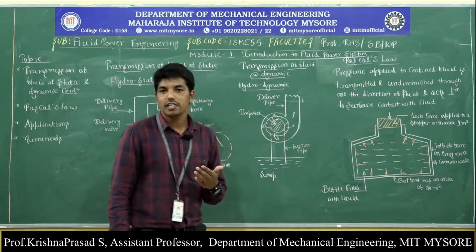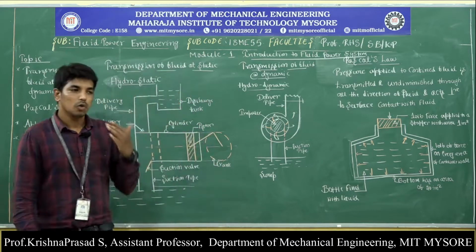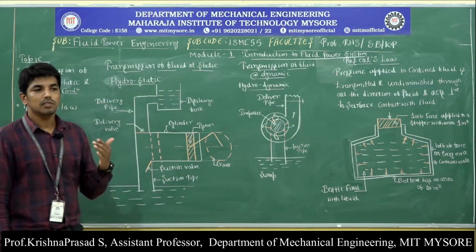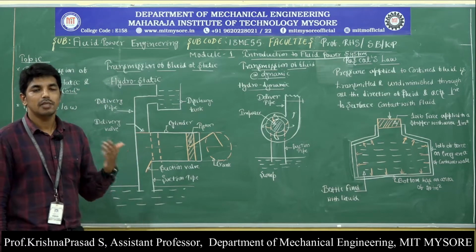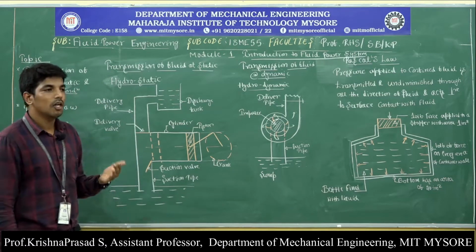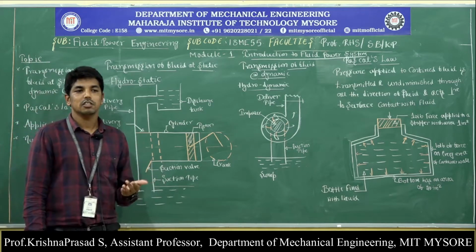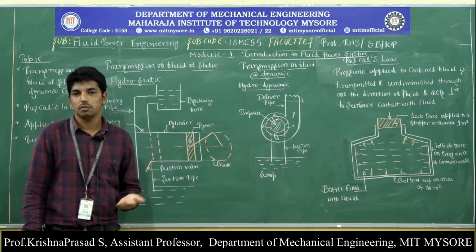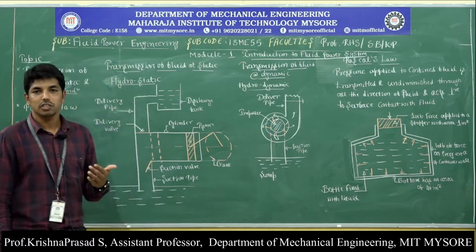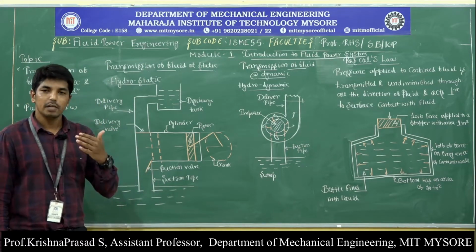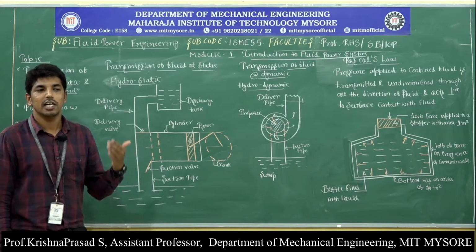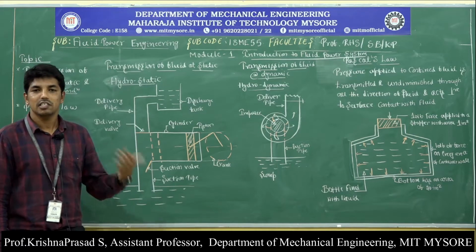In any industry, we all know that the transmission of power from one place to another can be done in three ways: mechanical power transmission system, electrical power transmission system and fluid power transmission system. In a mechanical system, power can be transmitted with the help of shaft, pulley as well as gear. In an electrical system, power can be transmitted with the help of wire as well as transformer.